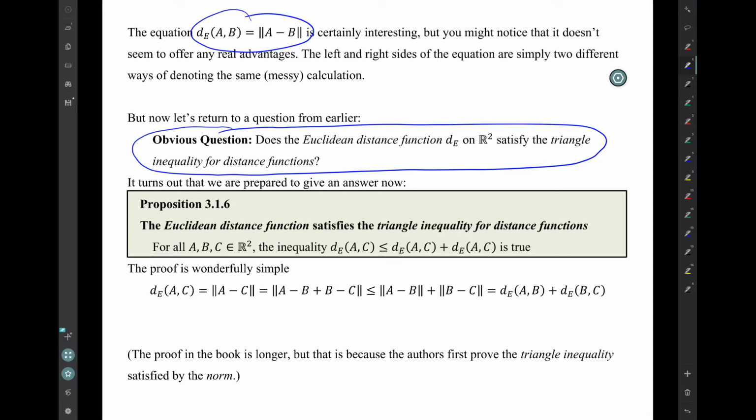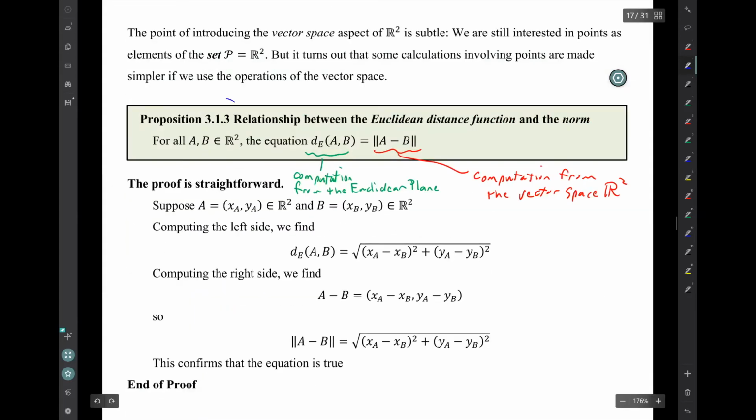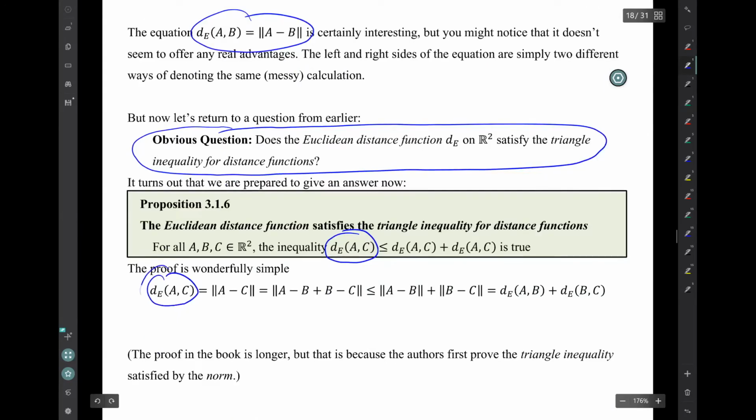We can write down the left side of that inequality, the distance from A to C, and then we can use this proposition, proposition 3.1.3, to replace that symbol with this symbol. And then we do that trick again. We subtract and add b, which doesn't change anything. Now we get to use the fact that the norm satisfies the triangle inequality.